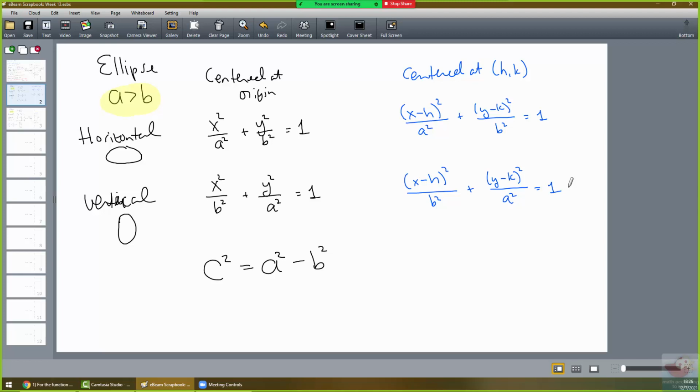But the same rules apply. Bigger number underneath the x, horizontal. Bigger number underneath the y, vertical.